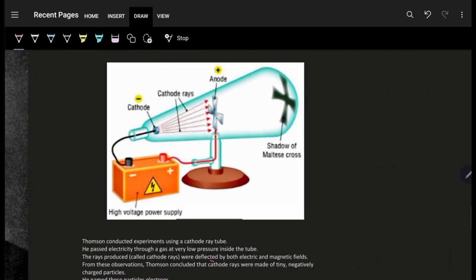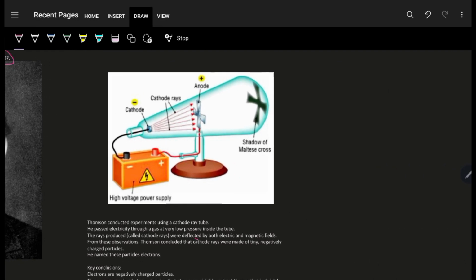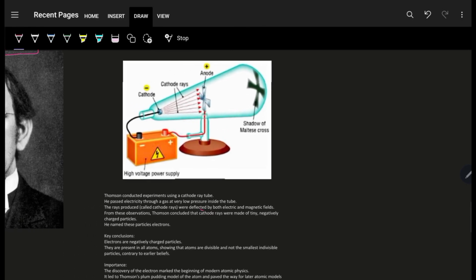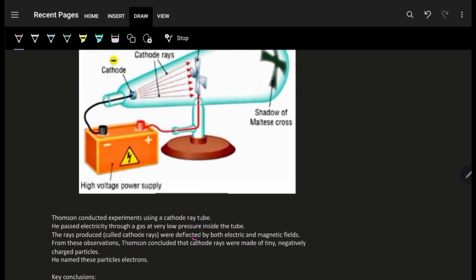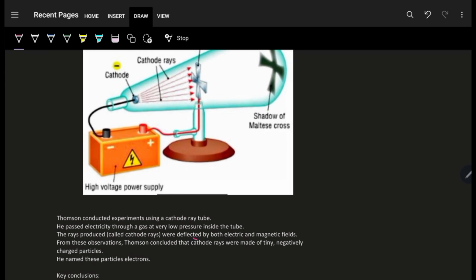Now, this was the experiment conducted by J. J. Thomson, and this is known as Cathode Ray Discharge Tube Experiment, where you can see what was being done, that this was the cathode ray tube and he passed electricity. Here is the high voltage power supply. He passed electricity through a gas and he has preferably taken hydrogen at that moment.